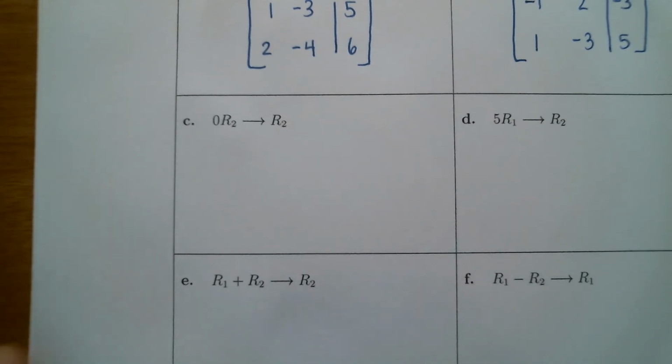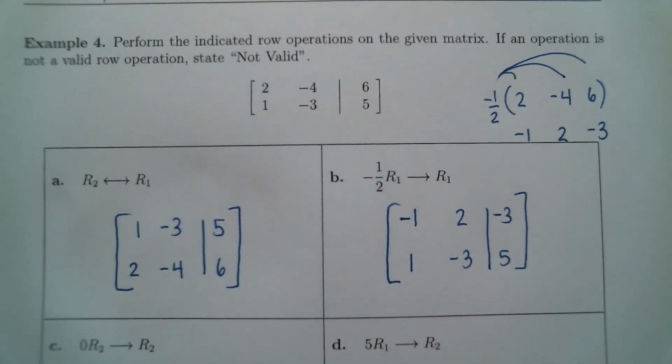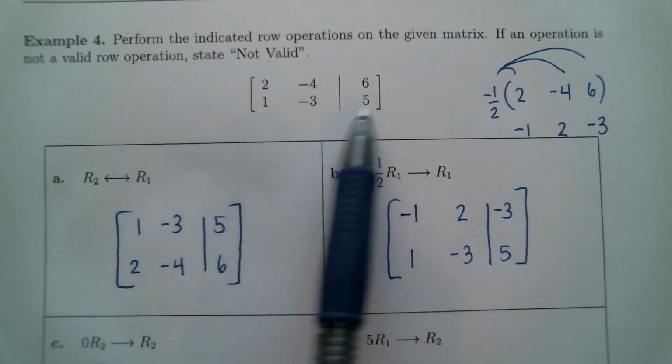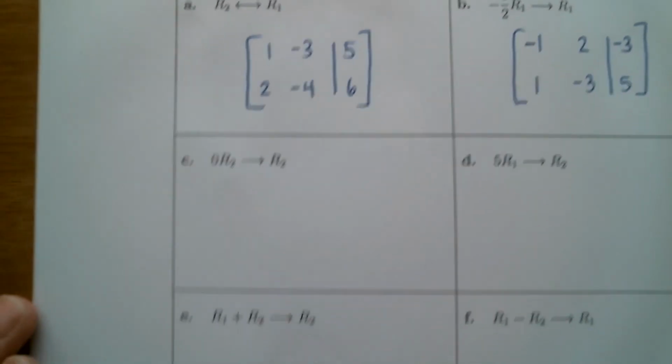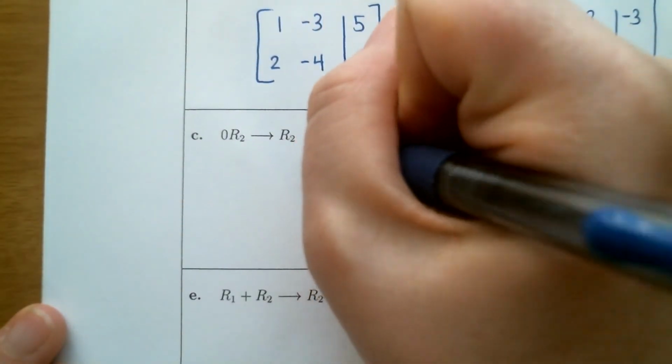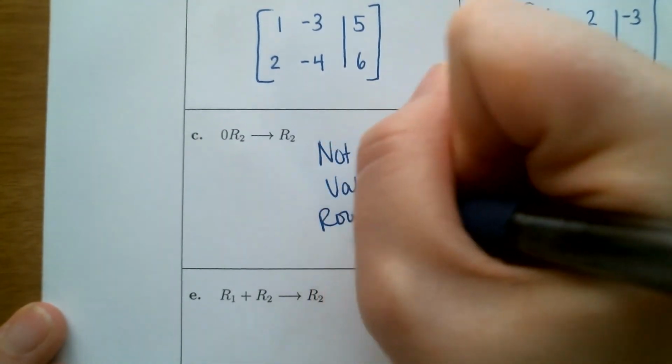Because if you multiplied row 2 by 0, the second row would just become 0, 0, 0, and you can't do that. You can have a row of zeros in a matrix. That is possible. But by multiplying the row by 0, you're essentially wiping out the equation, so you're not allowed to do that. We're just going to write here, this is not a valid row operation.